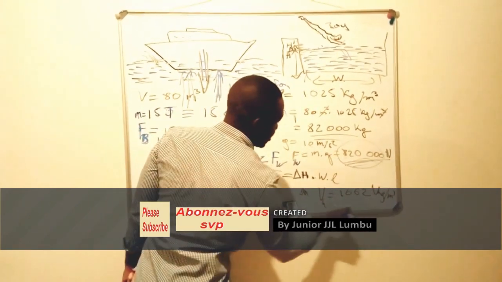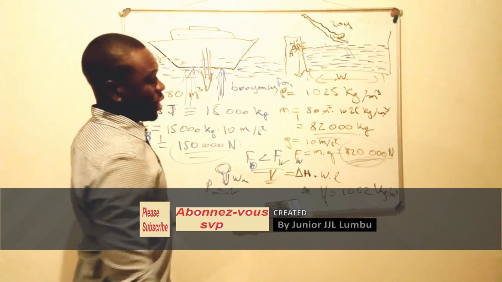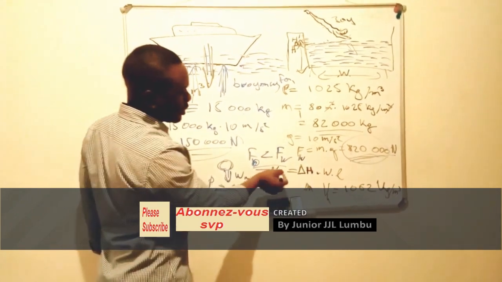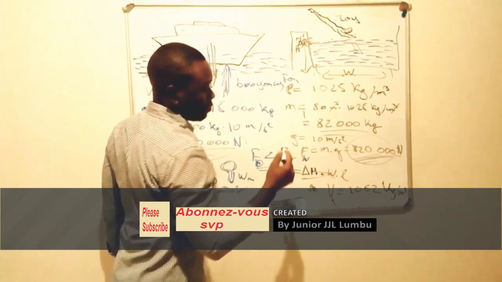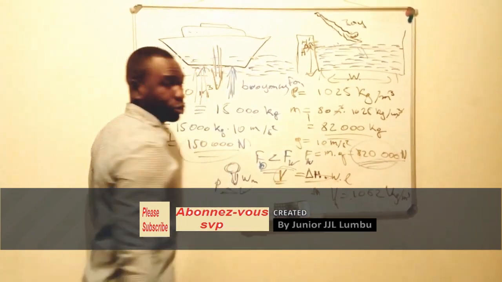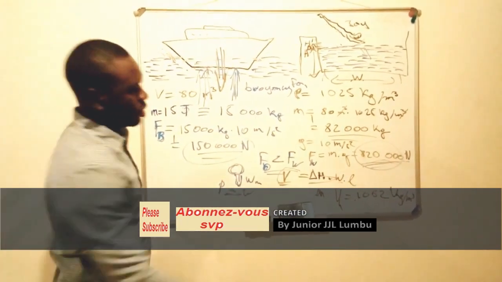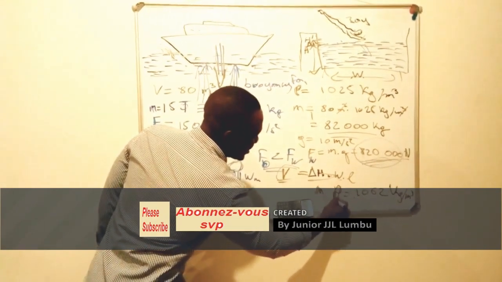So this is how you can get J's weight, by multiplying the volume of the water displaced by that mass volume. Let's put it like that for you.